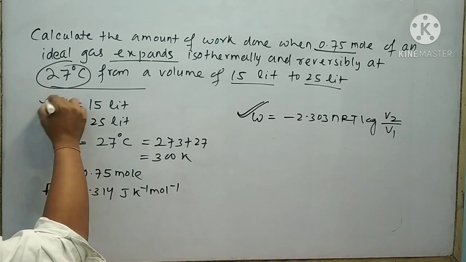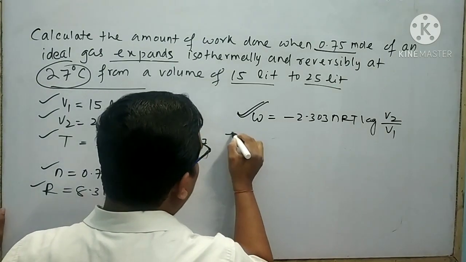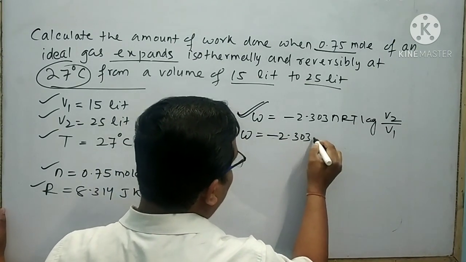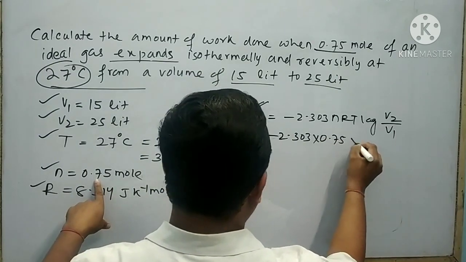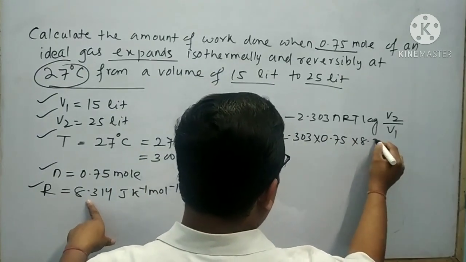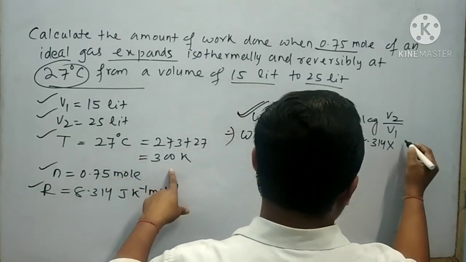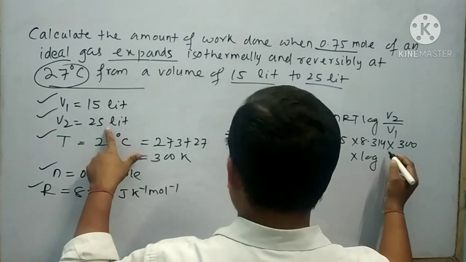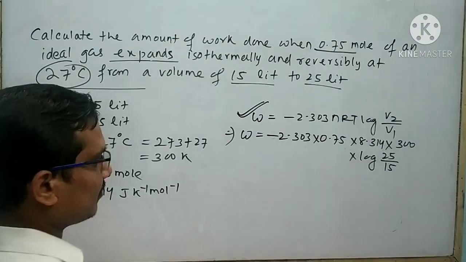Now put the value of V1, V2, T, n, R in this equation. Then I can write W equal to minus 2.303 into 0.75 into 8.314 into 300 into log of 25 by 15.